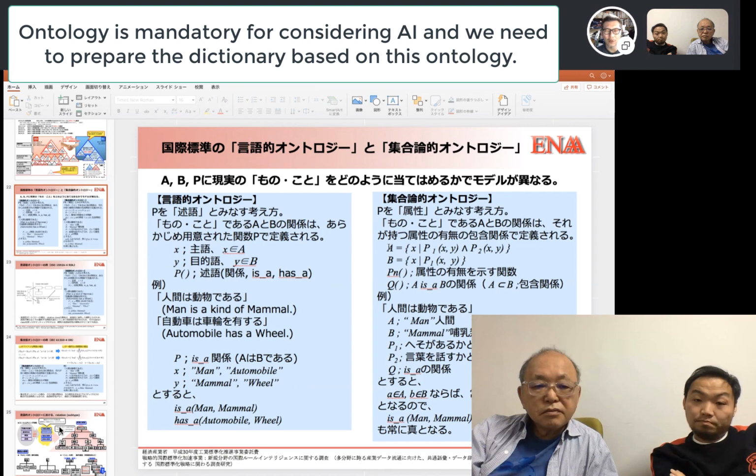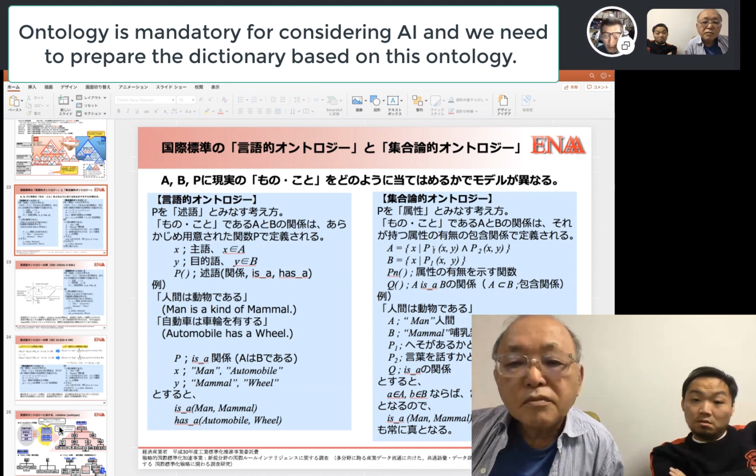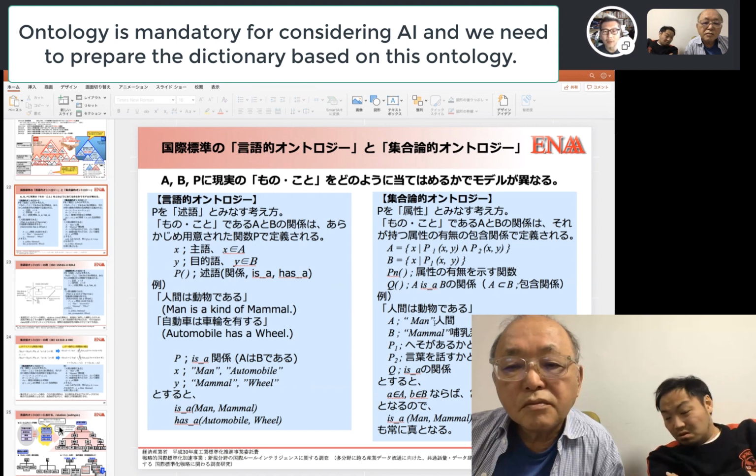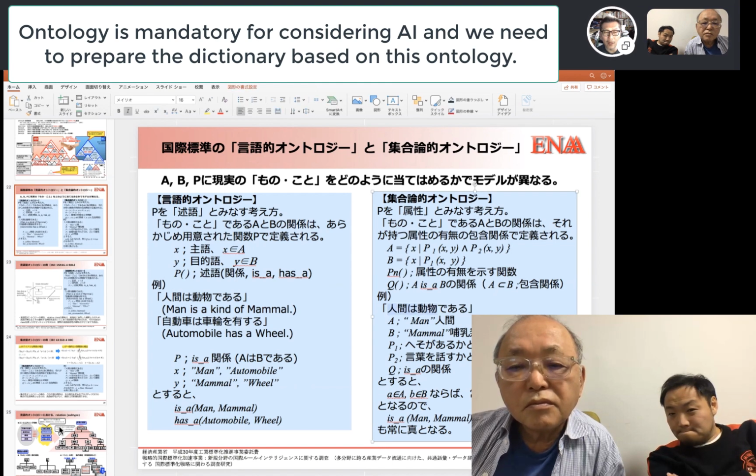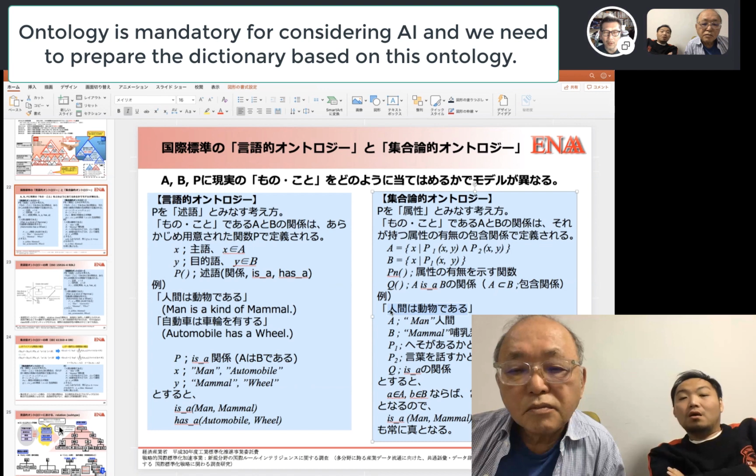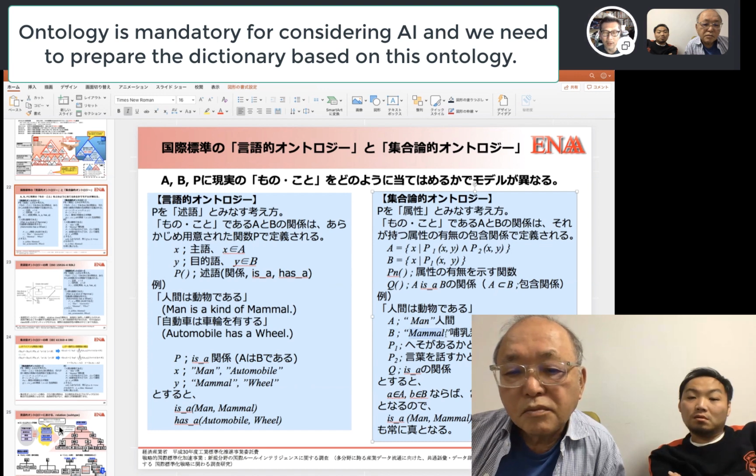Suppose that we have a group A and a group B. Starting from an example, if we like to say a man is a kind of mammal, in the case of set theory ontologies, of course, A is a set of men, and B is a set of mammals, and there are several properties that satisfy this relationship.